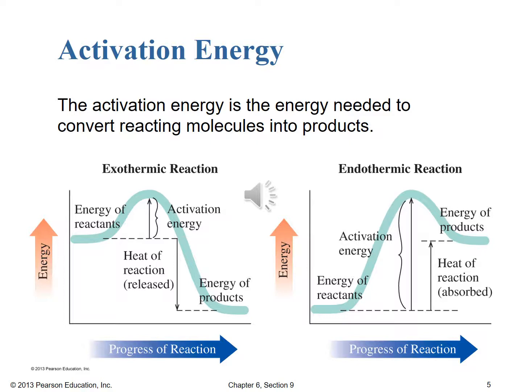The activation energies, as you can see, are a little extra input compared to the final reactant or product state, but in the endothermic case, the products are actually higher in energy than the reactants. So it happens sometimes as well that we can have reactions that absorb heat and end up with higher energy products. And if you've ever used a chemical cold pack, particularly at athletic events, if there's an injury, typically a cold pack is used, and that's an example of an endothermic reaction.